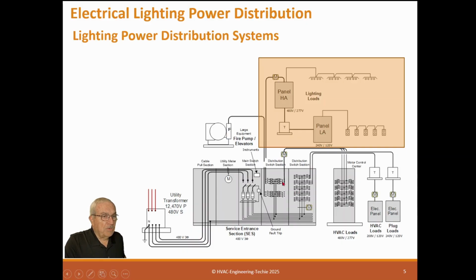And then we distribute that power with subsections within the SES. In picture one here, there's a feed going up to a high voltage panel, a 480 volt panel, and this is lighting load. And then that lighting load goes from this panel down to a transformer to a low voltage, a 208/120 volt panel, lighting again. And so these two panels feed the lighting to this particular facility.